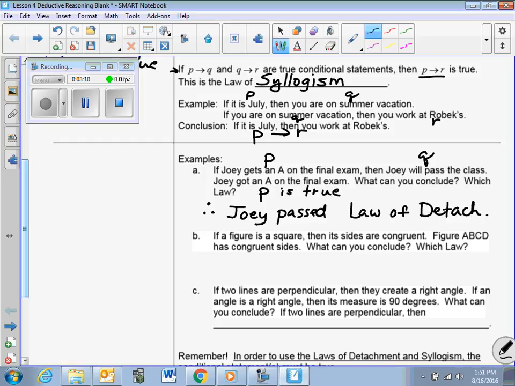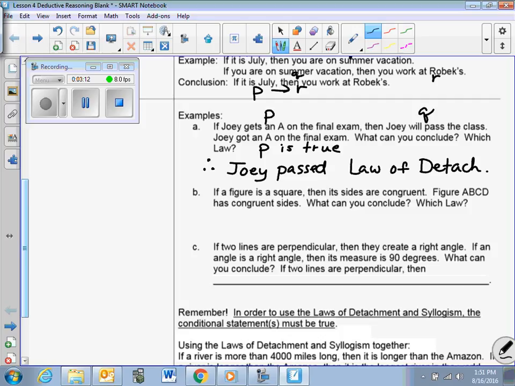All right, how about B? If a figure is a square, then its sides are congruent. So there's our P. Figure is a square. Q. Sides are congruent. Figure ABCD has congruent sides. There's our Q. What can you conclude? That doesn't follow the rule, does it?